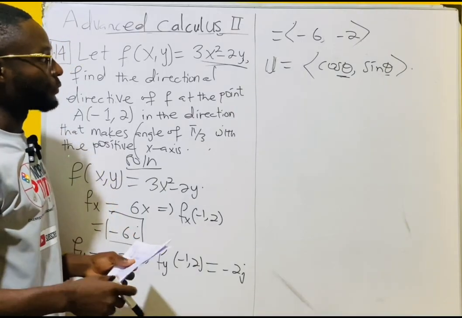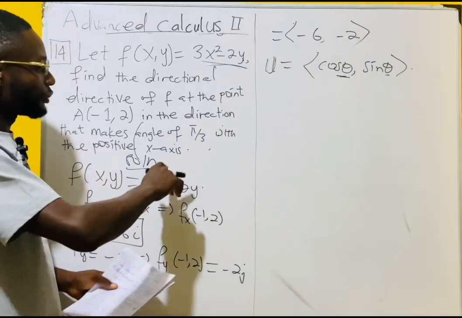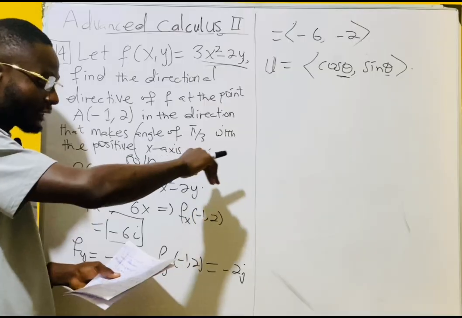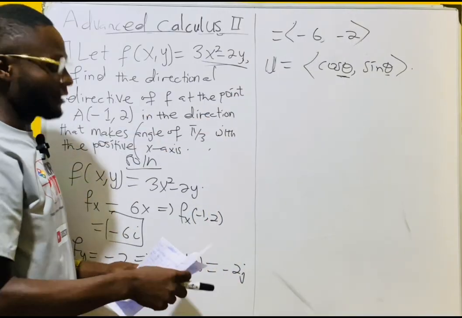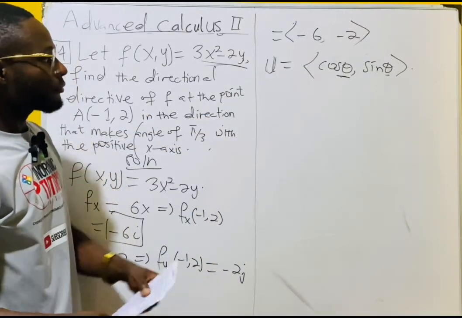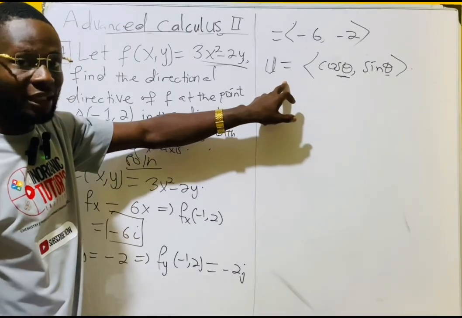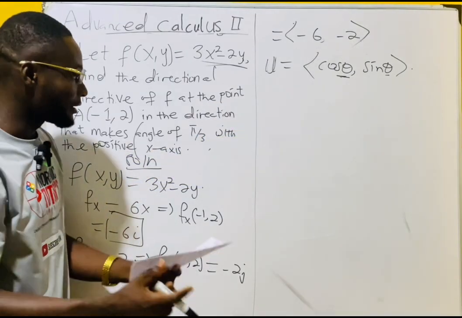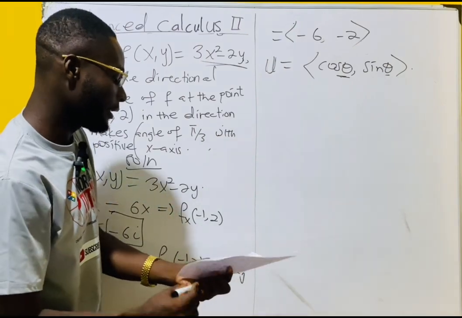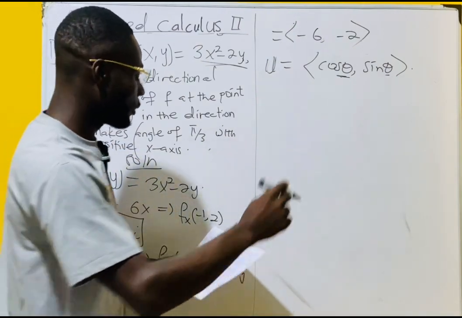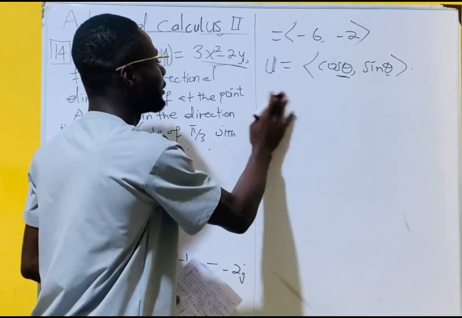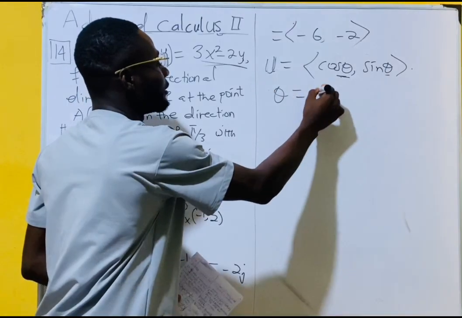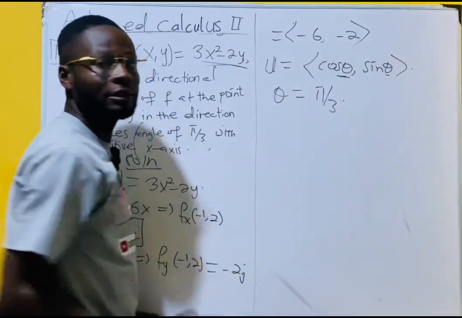So in here, we're just going to substitute pi on 3 into that, so that we will have our unit vector, right? So we're going to do that substitution in there. So we're going to say that our theta is equal to pi on 3, right?